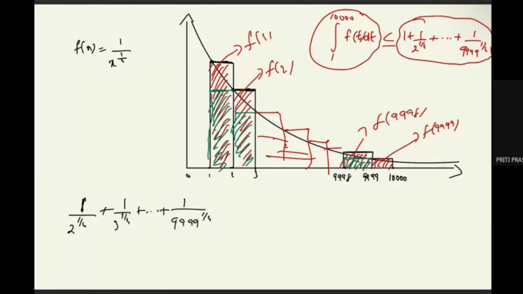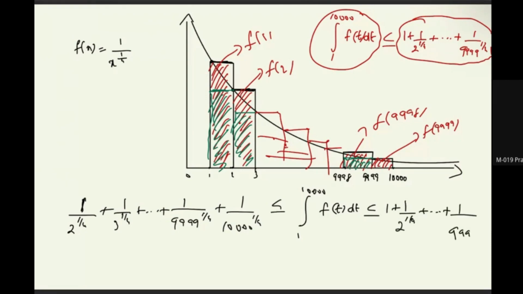So this sum is less than or equal to the integral from 1 to 10,000, which is less than or equal to 1 plus this quantity we need. So we know some inequality. That means this integral lies between these two numbers.